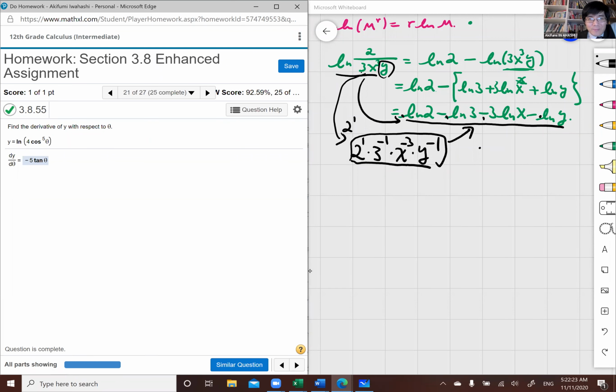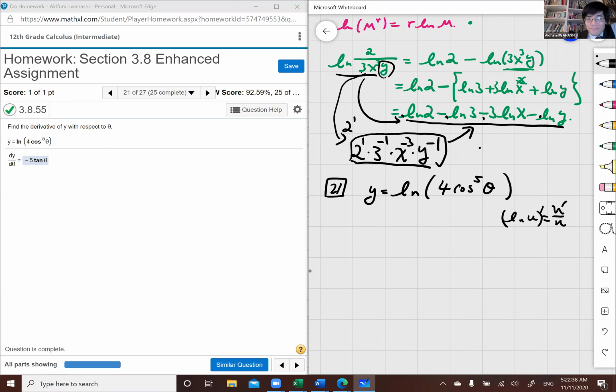Okay, number 21. y is equal to ln of 4 times cosine theta to the power of 5. It's just like ln of u again, so its derivative is u dash over u. The u is whatever is inside, so 4 cosine to the power of 5. And the derivative on top: it's something to the 5th, so it's going to be 5u to the fourth times u dash.